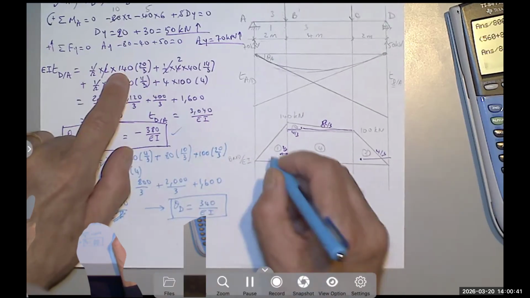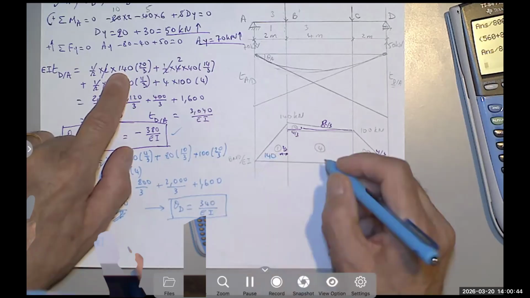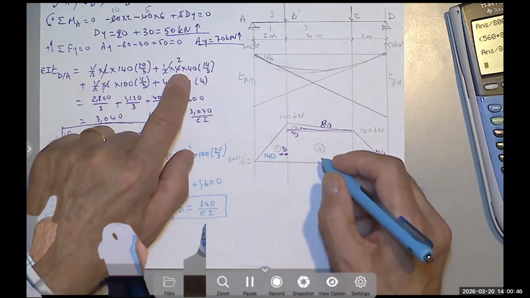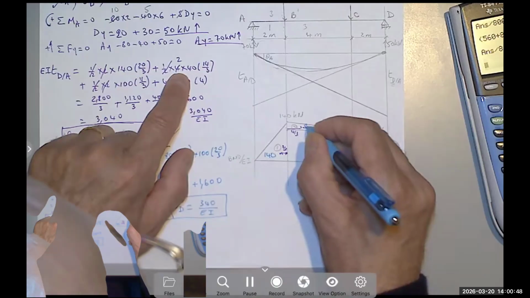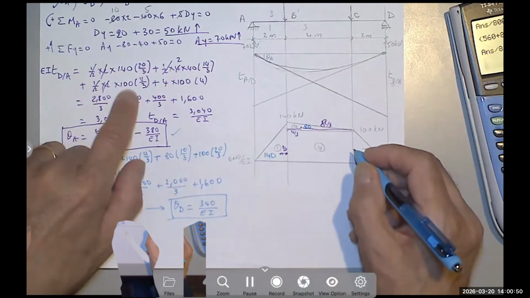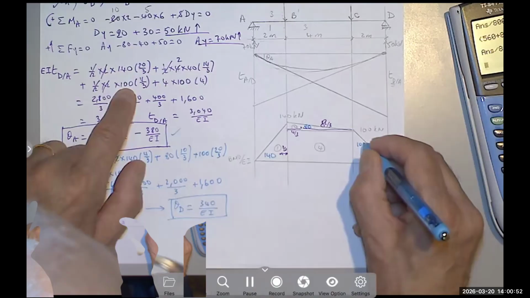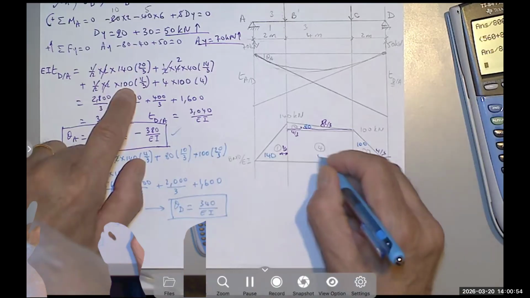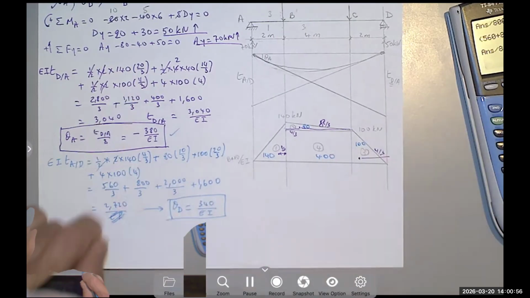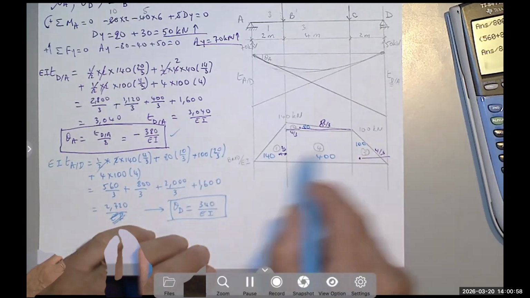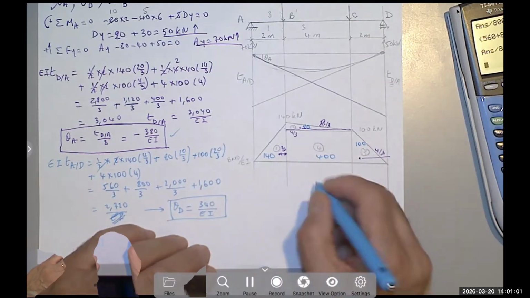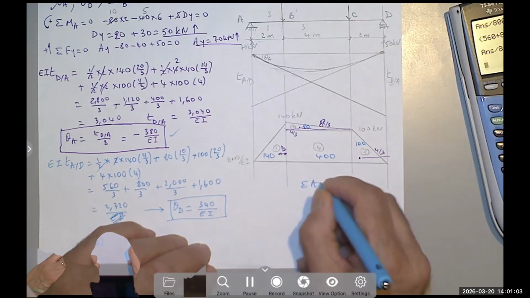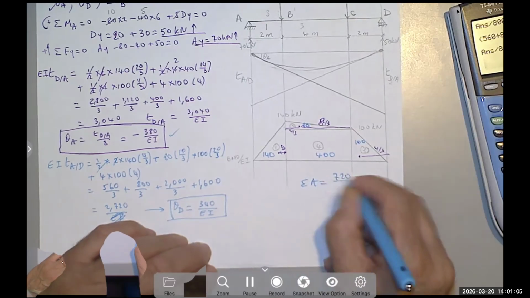So this is 140. This is 80. This is 100. And this is 400, right? 400, 500, 640, 720. So the total area equals 720 over EI.